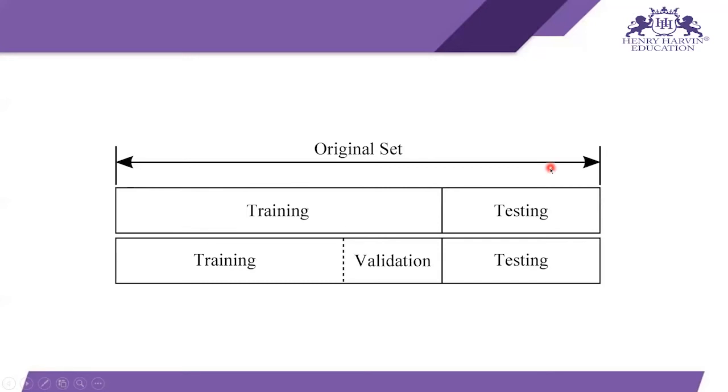You have to divide your data set into two parts, training and testing, and obviously you have to keep the ratio for the training set larger than the testing set. And beyond the two ratios for training and testing, you also have to make another ratio for a validation data set taken from the training data, making three parts: one is testing, one is validation, and the other one is training.